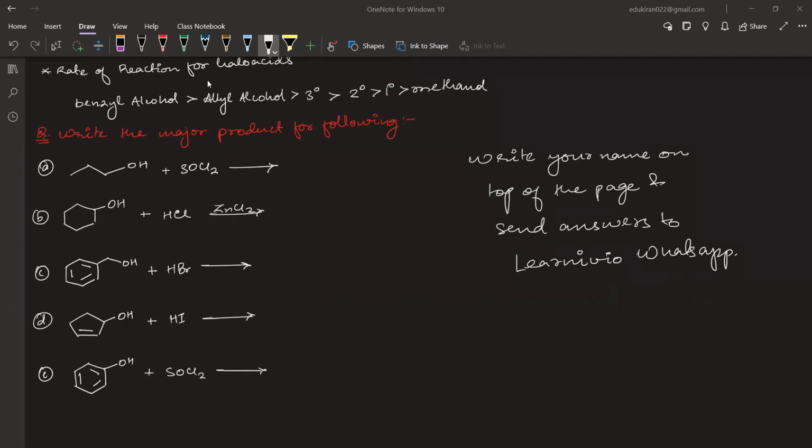Khalil, also look at the byproduct of E. Khalil, even though E is wrong, the byproduct is also wrong, even if that reaction will happen.